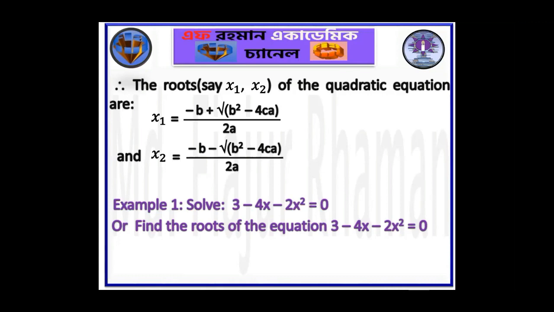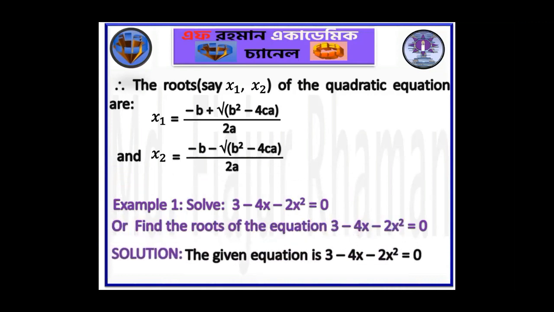This question may be asked in another way: find the roots of the equation 3 minus 4x minus 2x square is equal to 0. Solution. The given equation is 3 minus 4x minus 2x square is equal to 0.